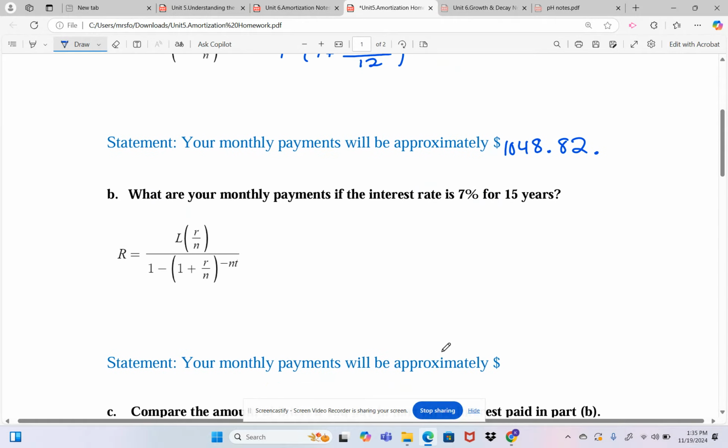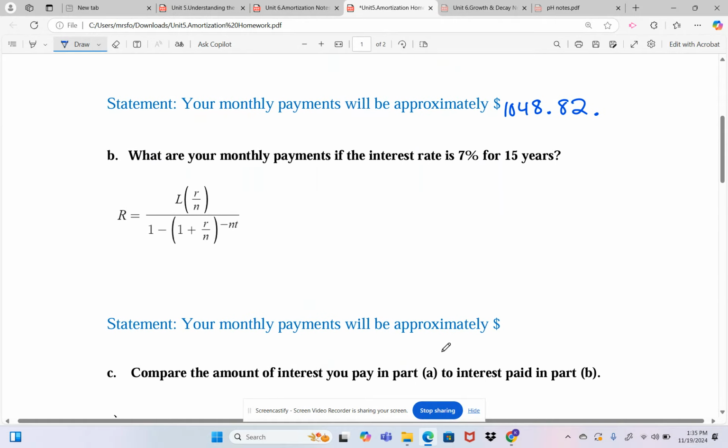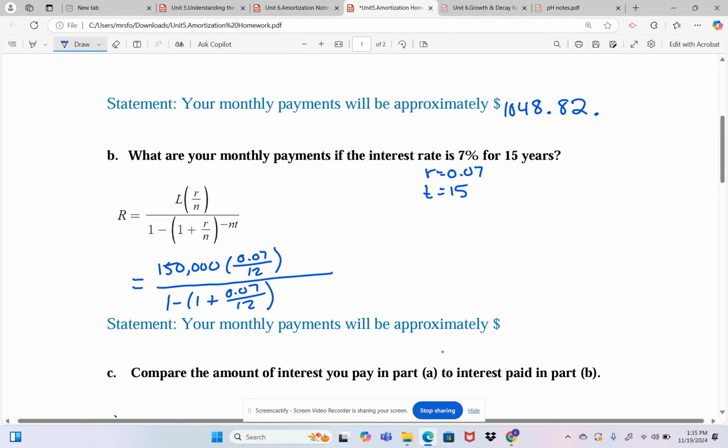Okay, now part B says, what are your monthly payments if the R changes to 0.07 and your T changes to 15? So that would be $150,000 divided by 0.07, still 12 monthly payments. 1 minus 1 plus 0.07 divided by 12, negative 12 times 15.